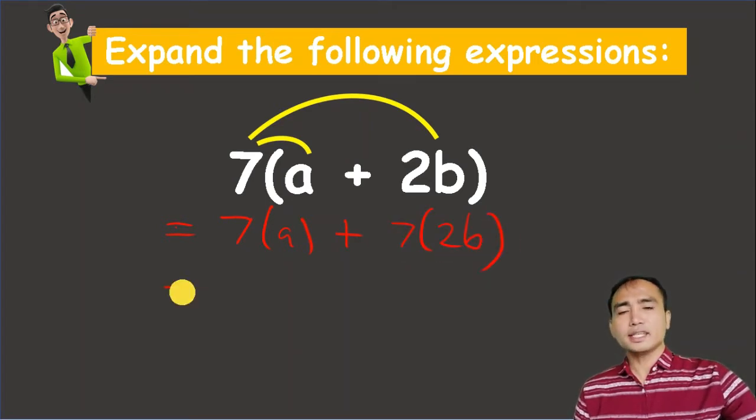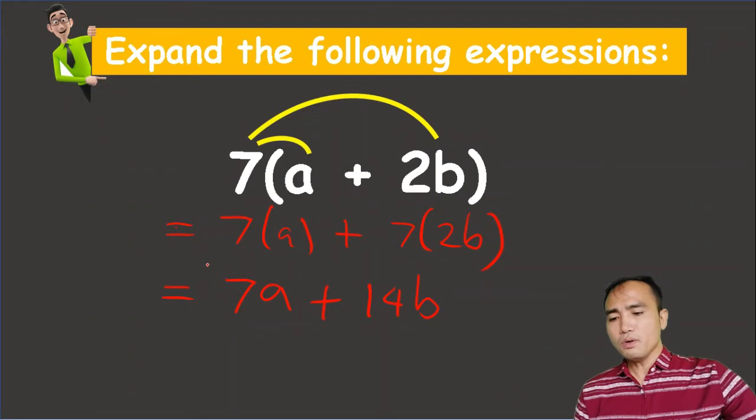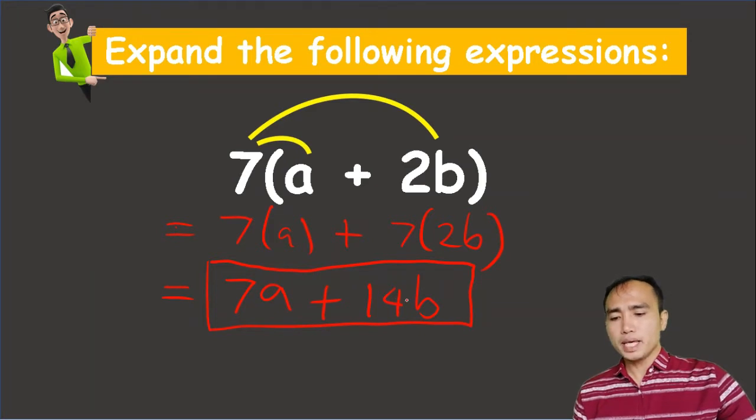Okay, simplify. 7 times a is 7a plus 7 times 2b is 14b. Therefore, our simplified expression is equal to 7a plus 14b.